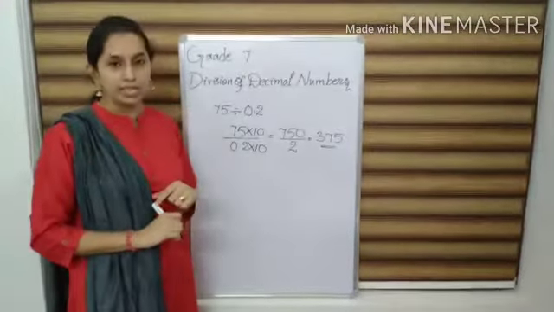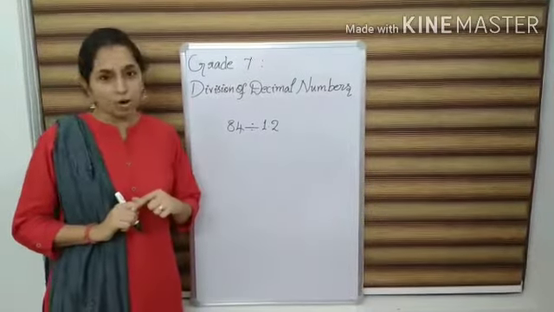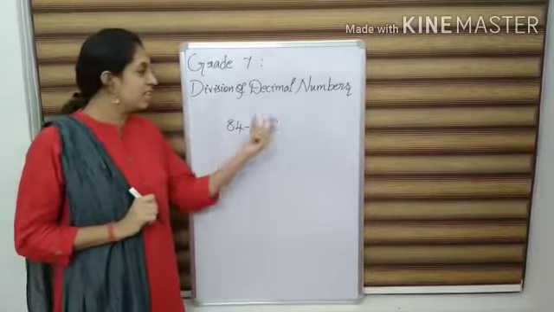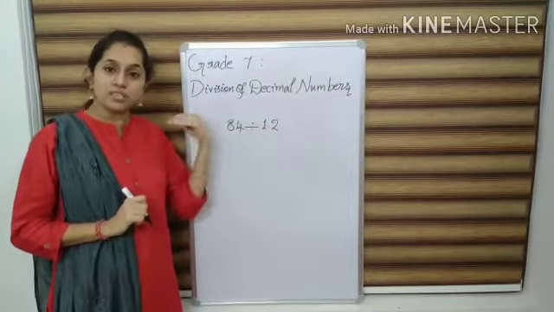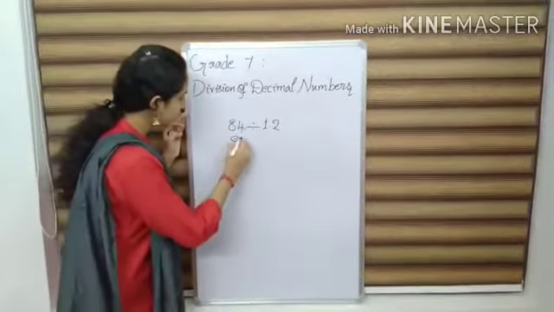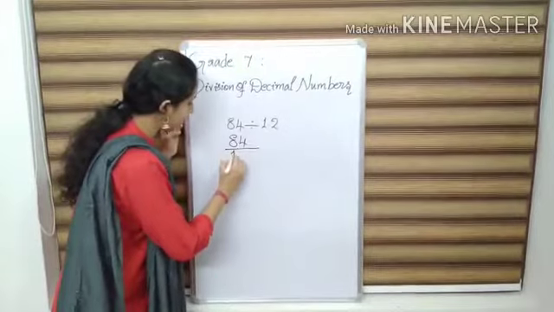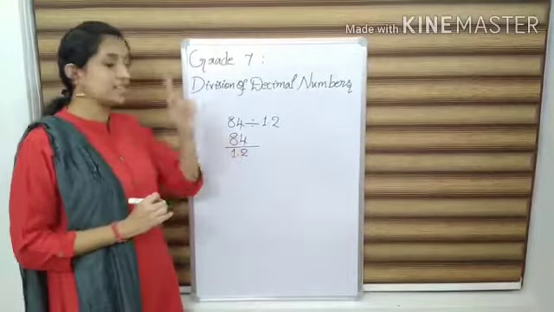Let's check one more question. The second question is 84 divided by 1.2. Here also you can see the divisor is a decimal number. You have to first remove that and then go for division. The question is 84 divided by 1.2. Here also you can see after decimal place 1 digit.